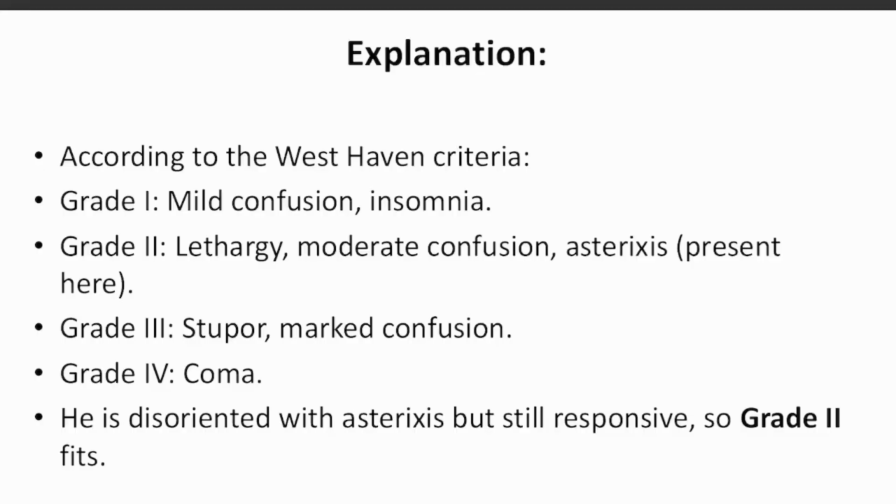According to the West Haven criteria, which is used for classifying hepatic encephalopathy, grade 1 is mild confusion, insomnia, and inversion of sleep rhythm. Grade 2, lethargy, some confusion, asterixis.